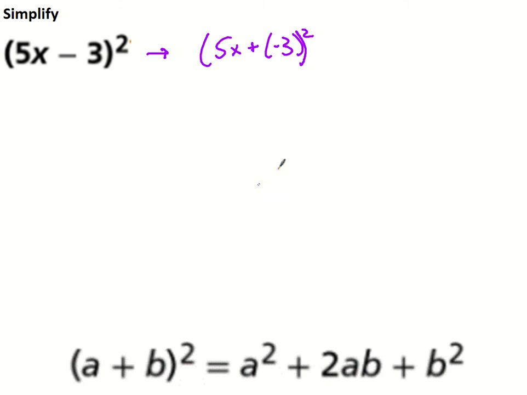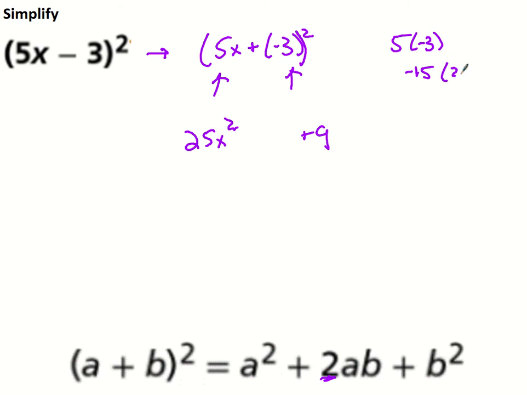Or what I could do is I could just square the first term. Well, that's going to be 25x squared. Square the second term. Well, that's going to give me positive 9, because negative 3 times itself is positive 9. And then I do 2 times 5 times negative 3. Well, 5 times negative 3 is negative 15. And I got to multiply that by 2.